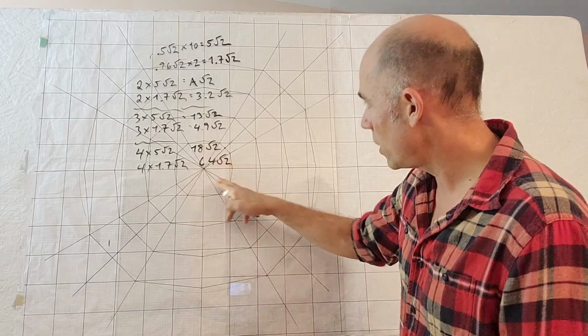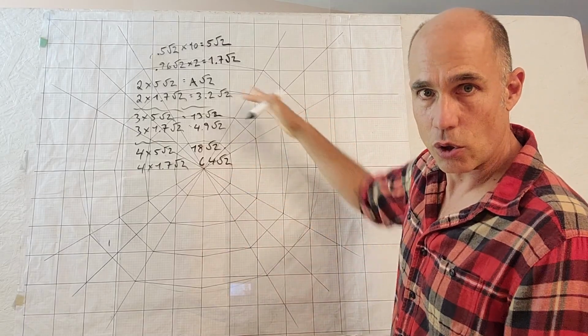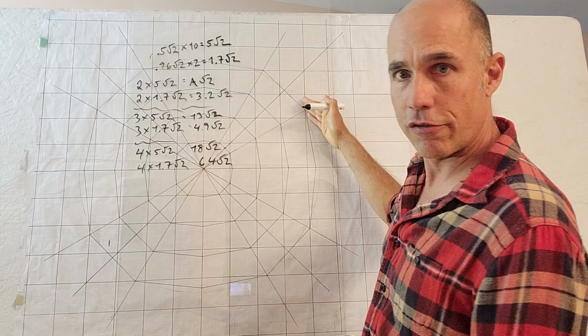Okay, so again, those are the dimensions of each of these dodecagons, and now we're at the fourth ring.